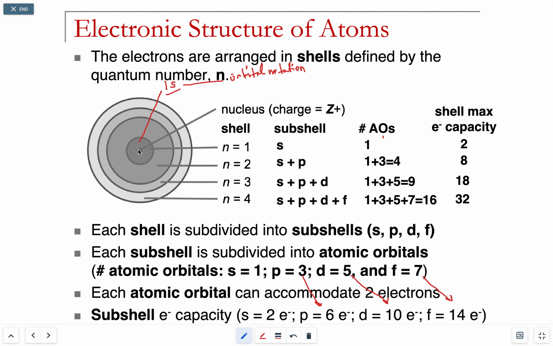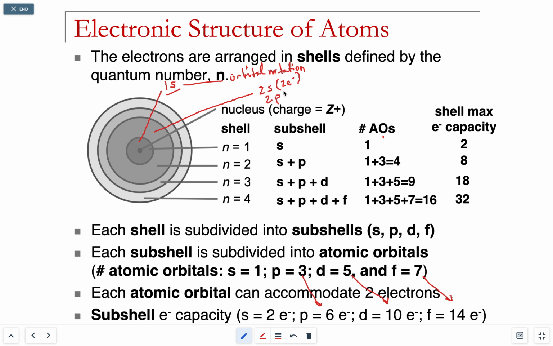If you have an atom with more than 2 electrons, the electrons have to go into the next higher shell. For n=2, the types of orbitals available are 2s, which has a 2 electron capacity, and the p orbitals, which we now define as 2p.